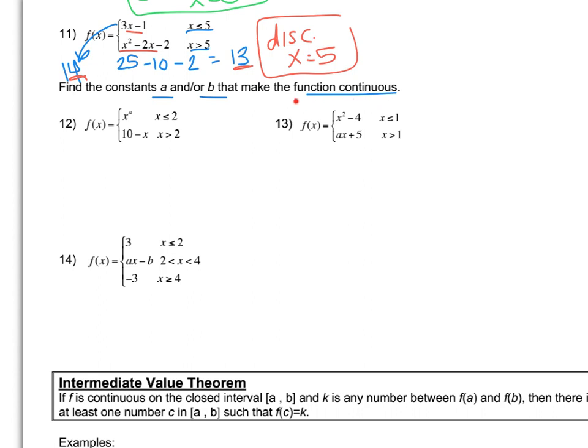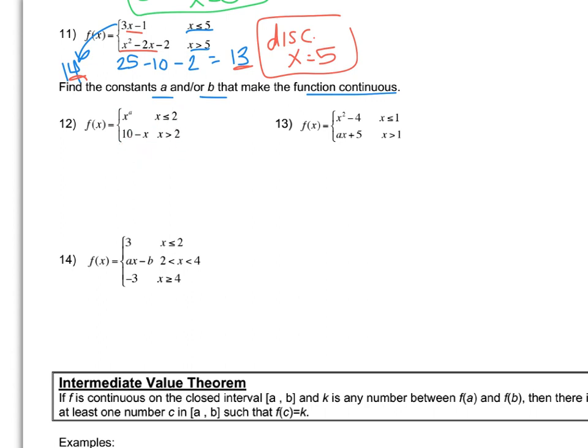Now, if we want this function to be continuous, x raised to a power is always continuous for any value of x. 10 minus x is also continuous for any value of x. But if this is a piecewise function, we want a smooth transition, meaning we want the y value for this function where it leaves off at 2 to be exactly the same y value for the second function where it picks up at 2.